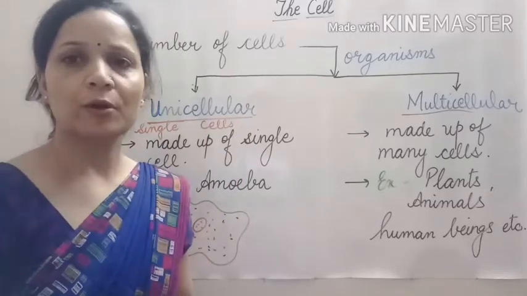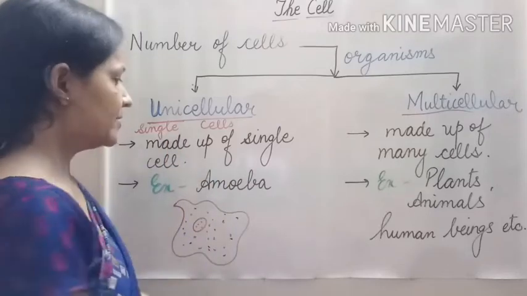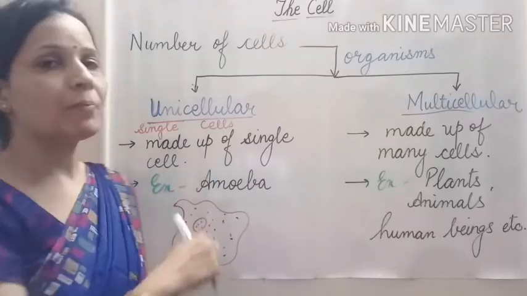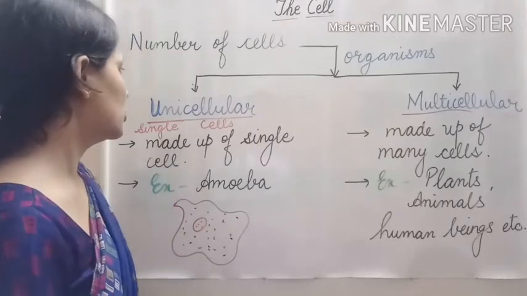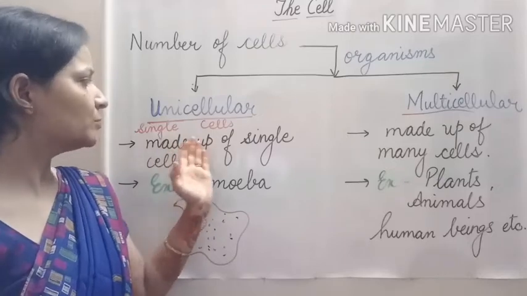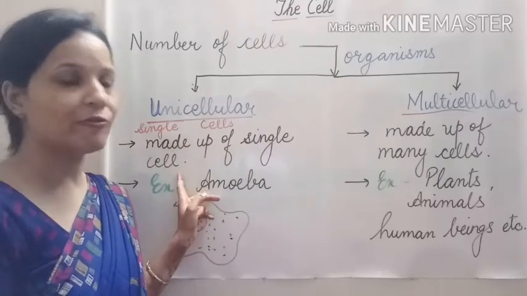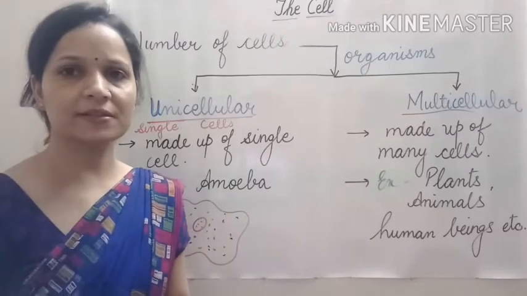So unicellular organisms are made up of only a single cell, and the single cell performs all activities. For example, amoeba, paramecium, euglena, etc.